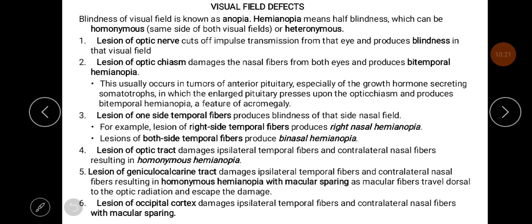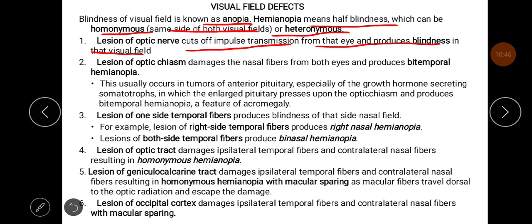Visual field defects. Blindness of the visual field is known as anopia. Hemianopia means half blindness, which can be homonymous, that is the same side of the visual fields, or heteronymous, different visual fields. A lesion in the optic nerve cuts off impulse transmission from the eye and produces blindness of that visual field.